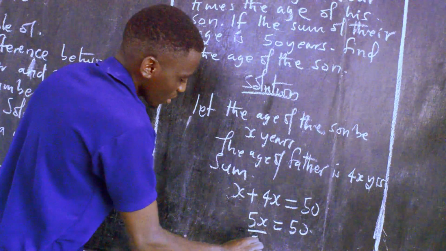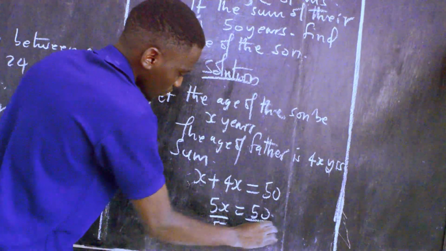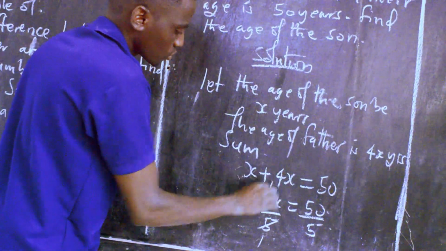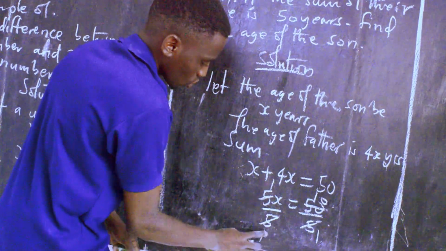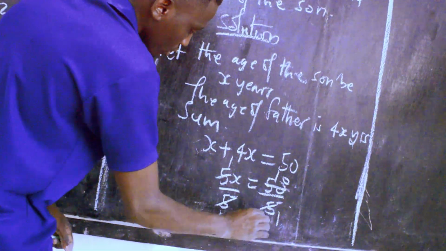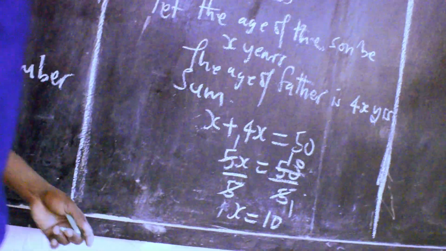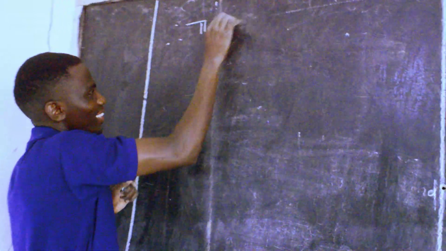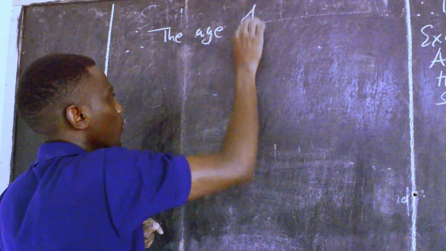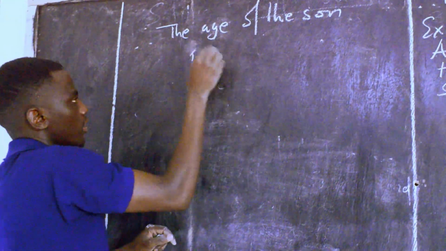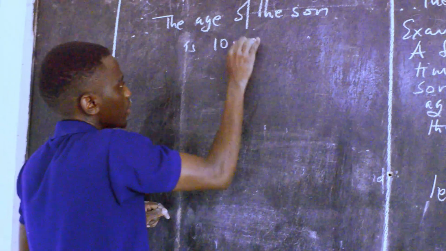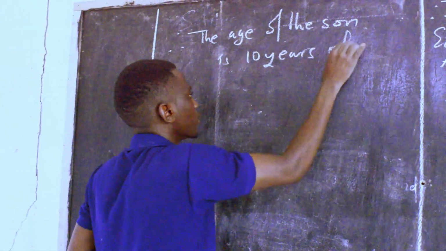Then divide by 5, and 50 divided by 5 you get 10. So x is equal to 10. Therefore, the age of the son is 10 years old.